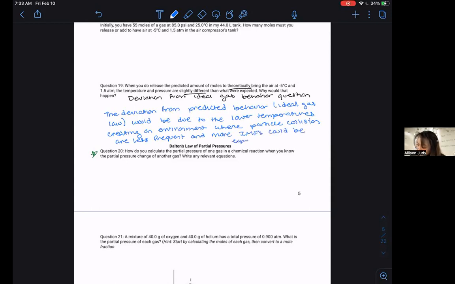Because if you're slowing down when you do collide, you might have potential for increasing the stickiness.